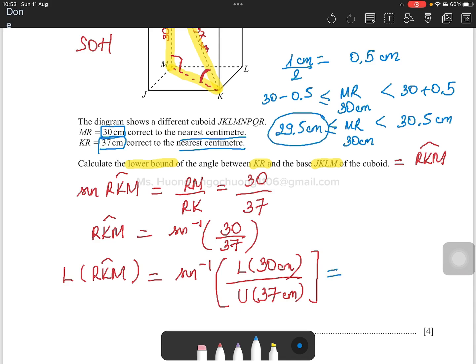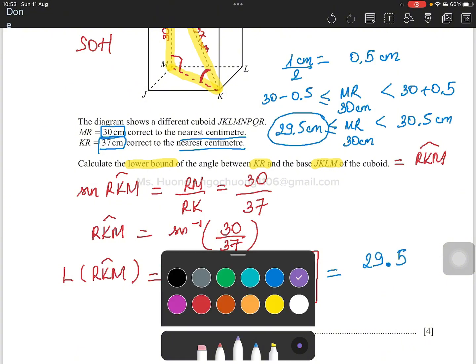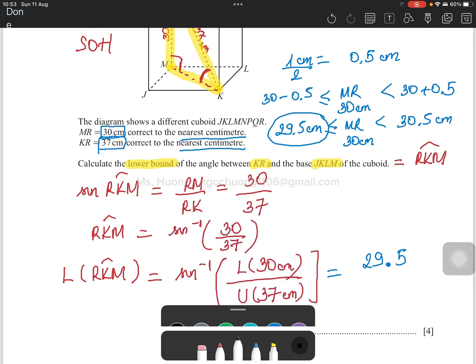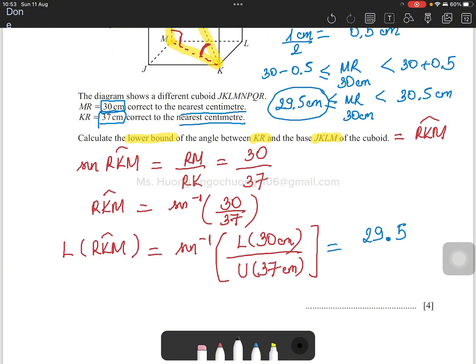So the numerator is 29.5 centimeters. And now let's talk about the side KR. KR is equal to 37 centimeters. So it is smaller than or equal to 37 plus 0.5 and greater than or equal to 37 minus 0.5.